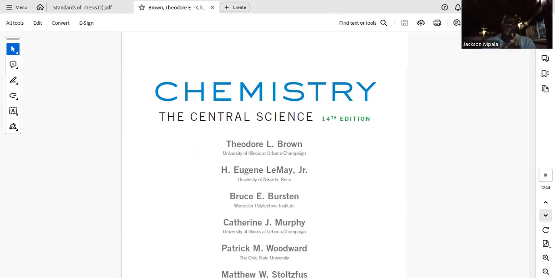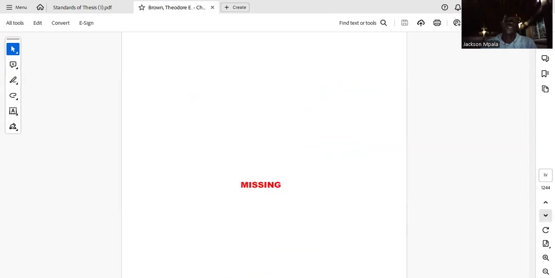You've got Theodore, Eugene, Bruce, Catherine, and so forth. These are the different experts, coming from different universities, and they have put the documents together, especially if you are studying from the University of South Africa and many other universities around the world which are using the same textbook. So it's going to be of good use.